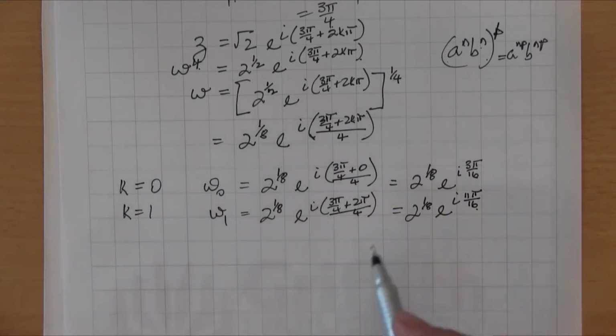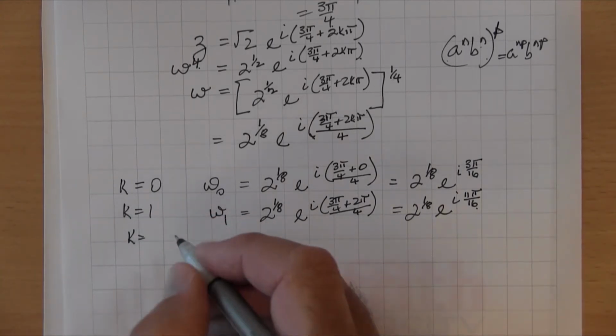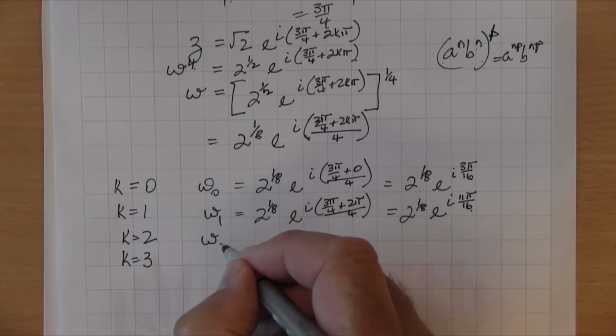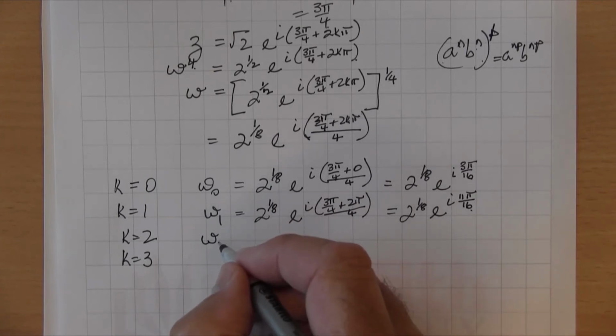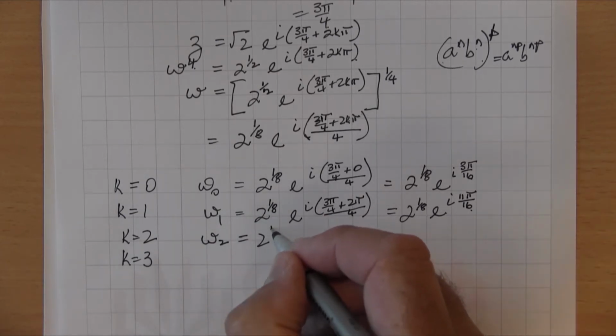So we keep on going up to n minus 1, so we're going to go up to k equals 3. So we've got 2 and then we've got 3 to go next. Okay, so this will generate the third fourth root, which we're going to call, just to confuse you, w2, is equal to 2 to the power of 1/8.